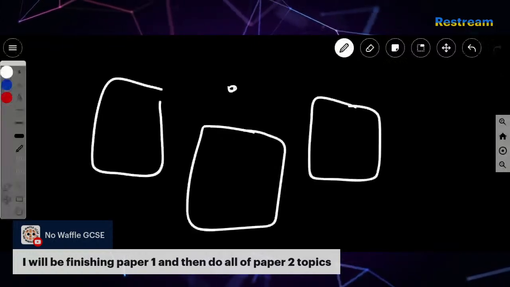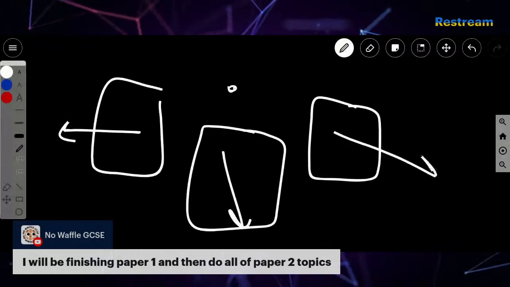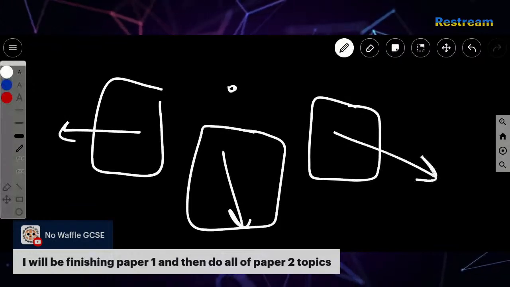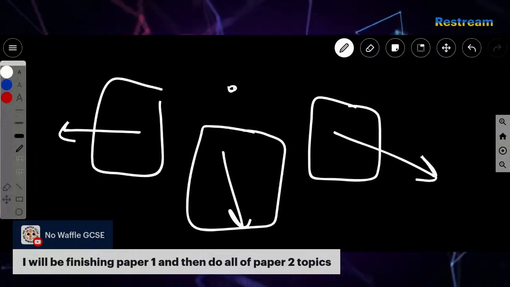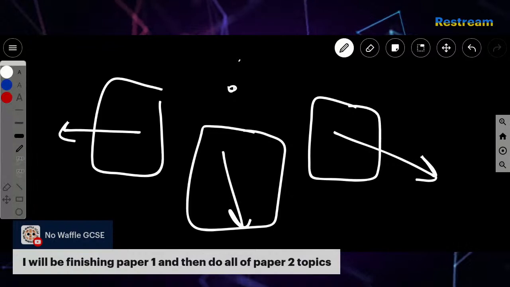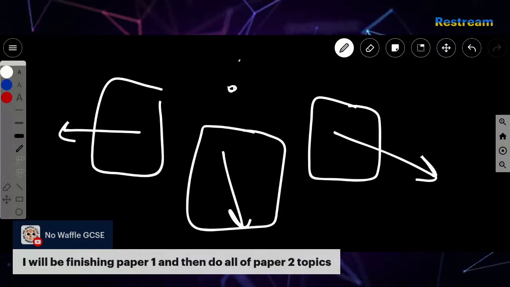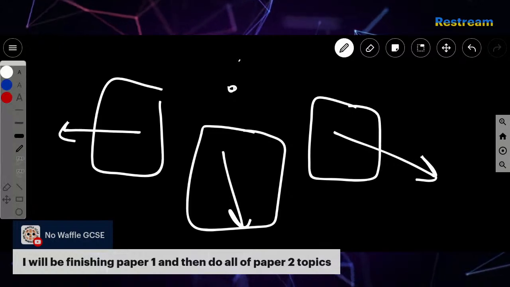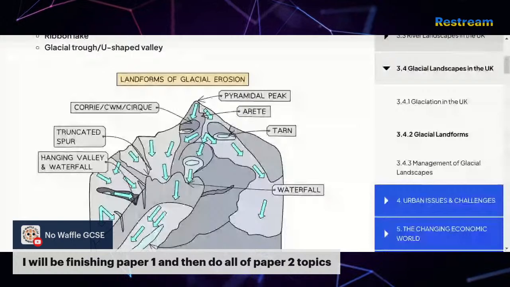And imagine this one is eroding that way, this one is eroding towards us, and that one is eroding that way. This then forms a pyramidal peak because it has 3 separate sides. So that is what we mean when talking about pyramidal peaks, such as the one in the diagram shown.